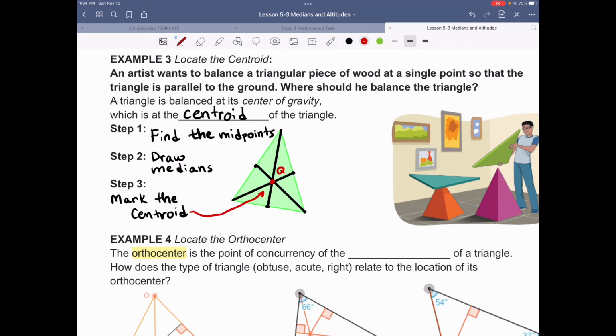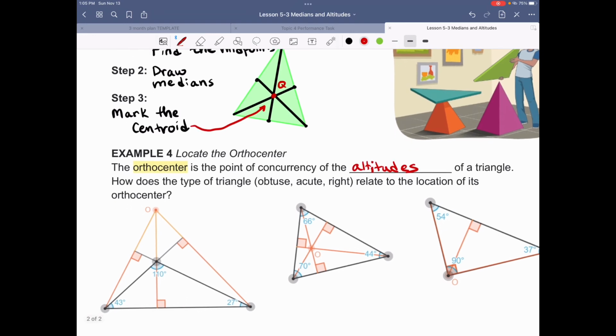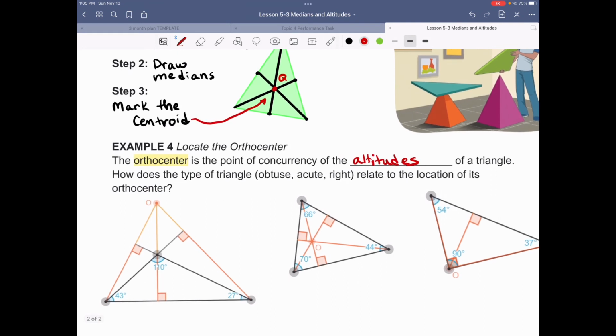Pretty cool. For example 4, we're going to locate the orthocenter. The orthocenter is the point of concurrency of the altitudes of a triangle. Remember, the altitudes are 90 degrees to the base, to the side of the triangle, and to the opposite vertex.